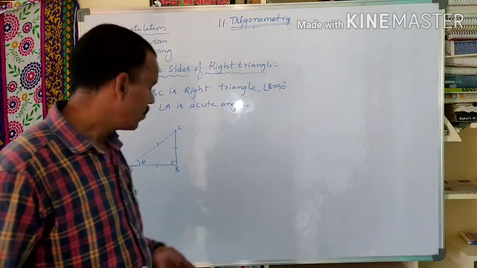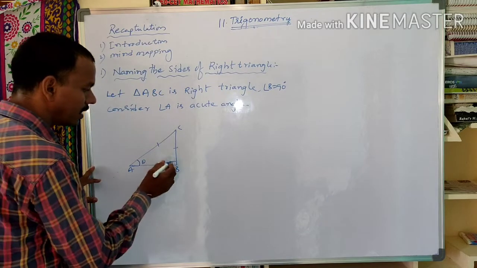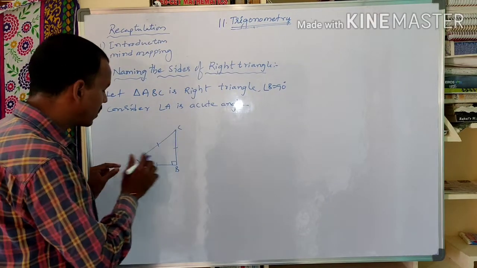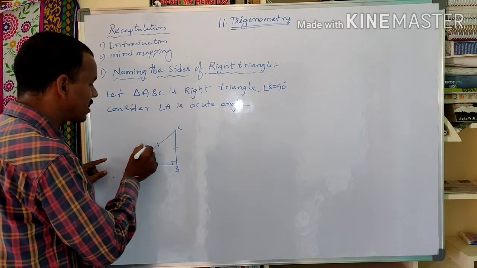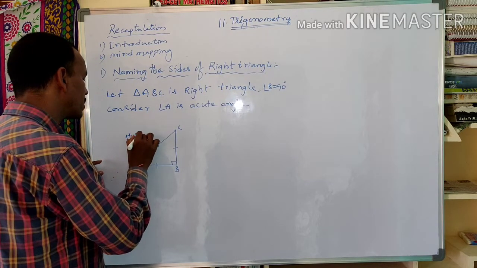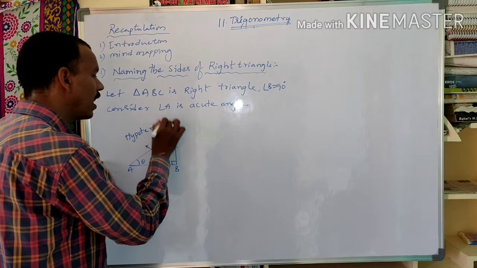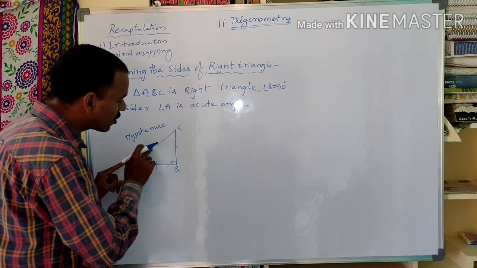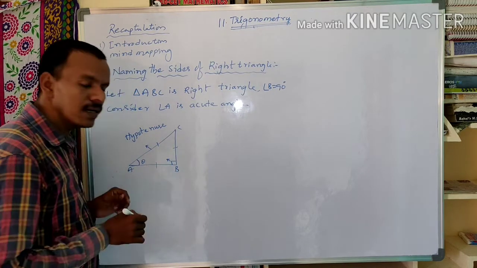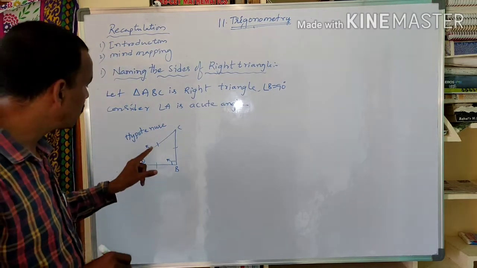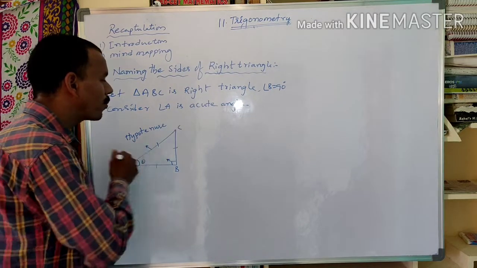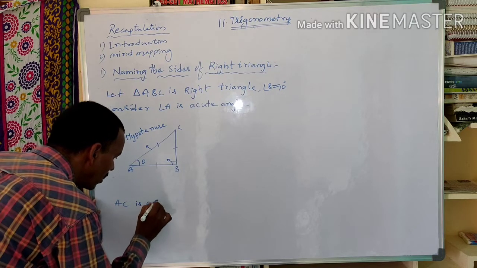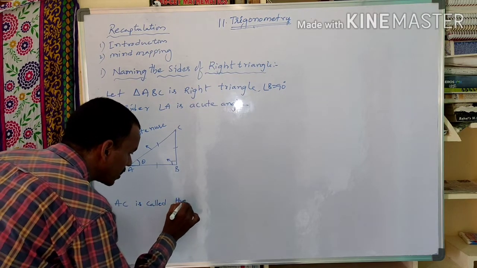The side which is longest, or the side which is opposite to the right angle, is called the hypotenuse. So here AC is called the hypotenuse.